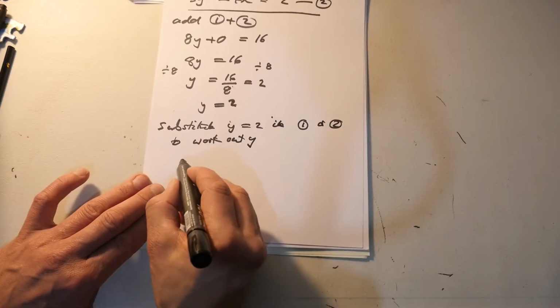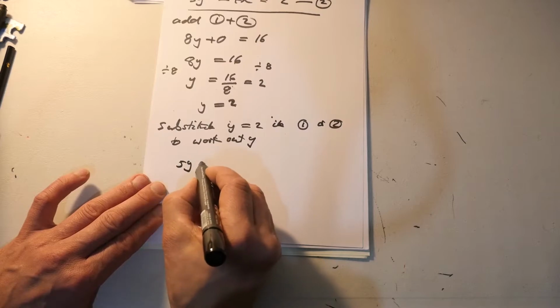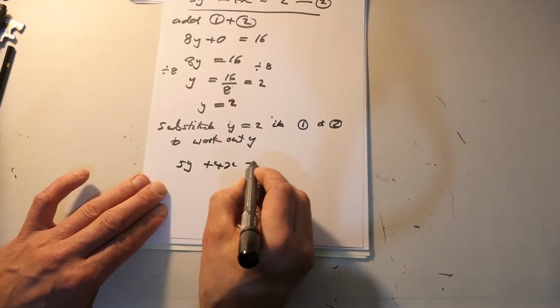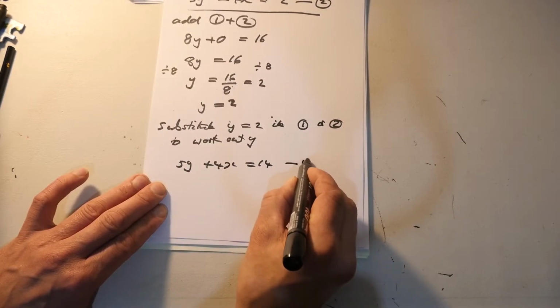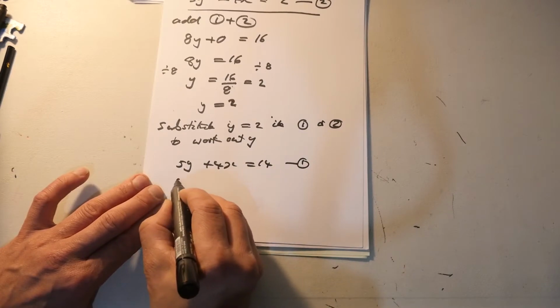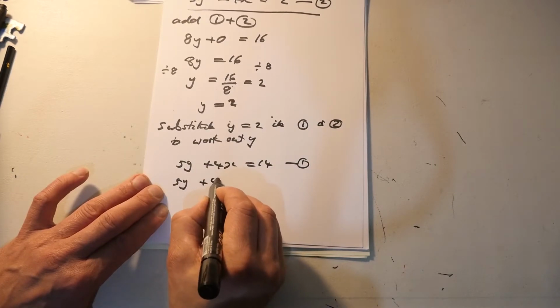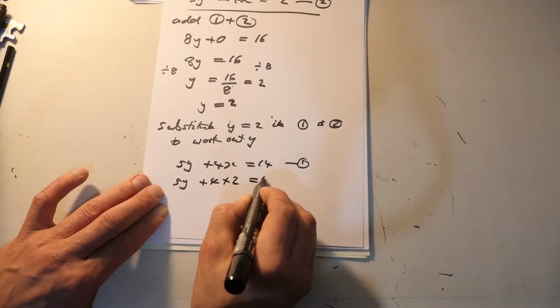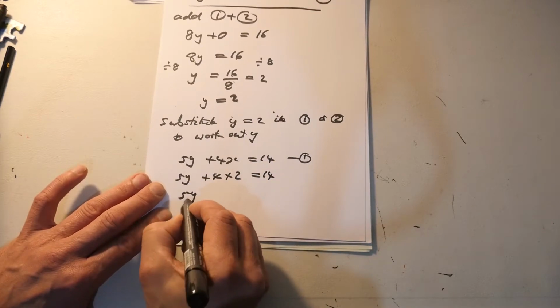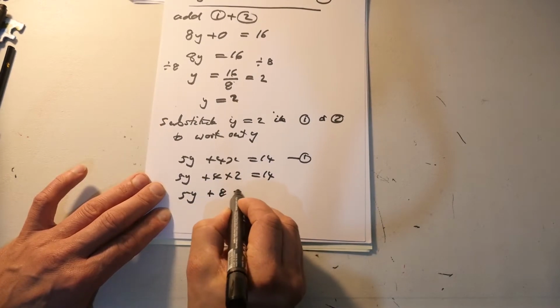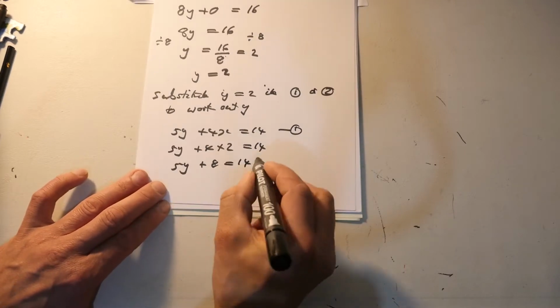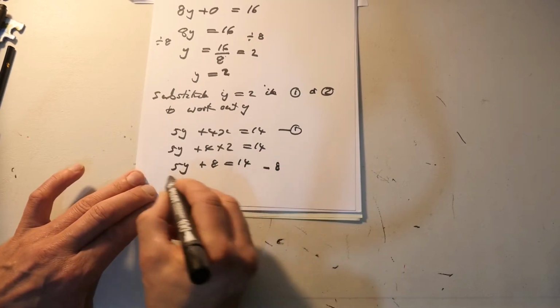So 5y plus 4x equals 14. 5y plus 4 times 2 equals 14. 5y plus 8 equals 14. Then take 8 from either side.